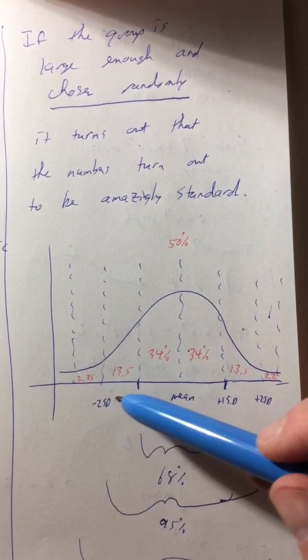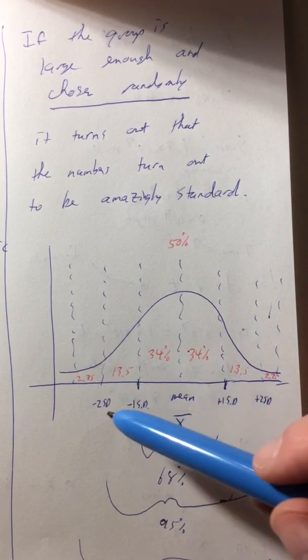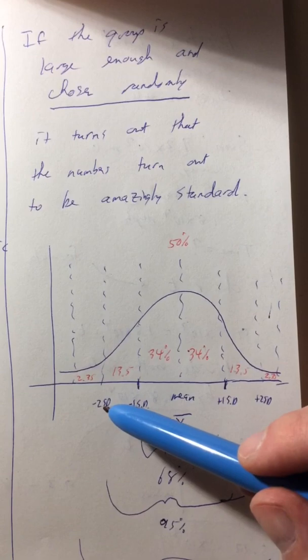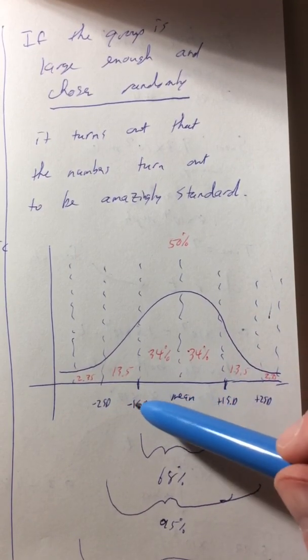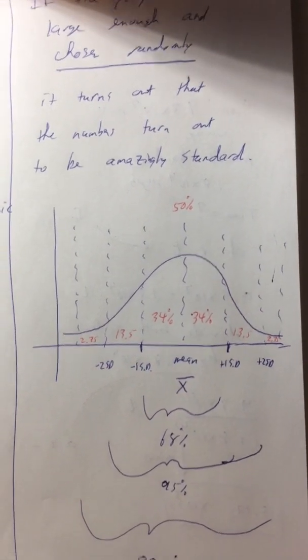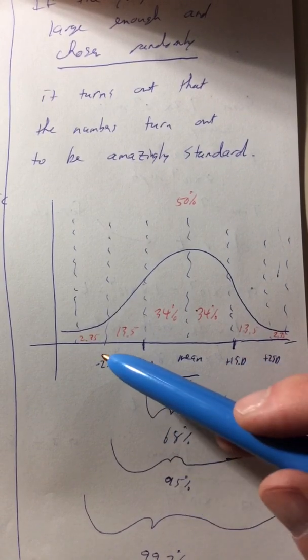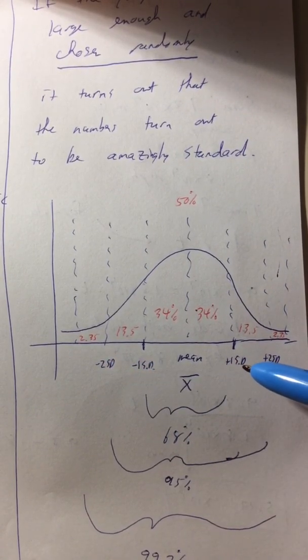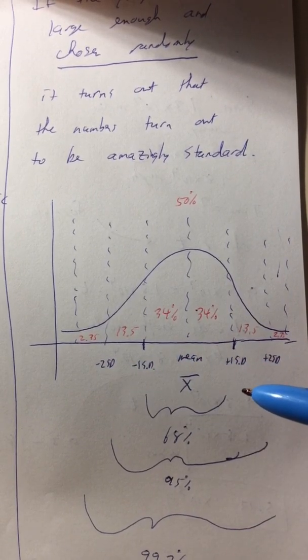And if we want to figure out what percent of the group is within 2 standard deviations of the mean, in other words, 4 inches up, 4 inches down, that's 95% of the population. 95% of the group will be captured between +2 and -2 standard deviations.